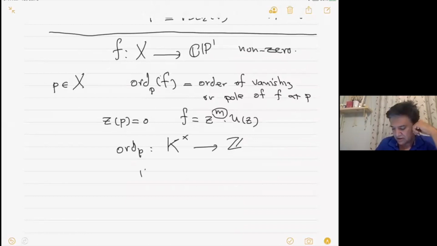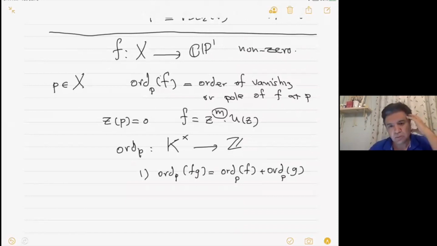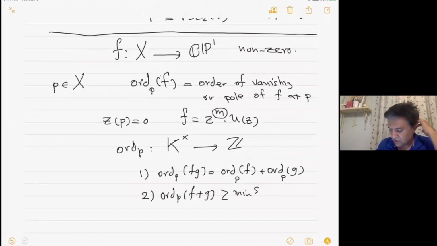Property one is that the order of fg at P is the order of f at P plus the order of g at P. In other words, this function is a homomorphism from the multiplicative group of meromorphic functions to the additive group of Z. The second property is that the order at P of f plus g is bigger than or equal to the minimum of the order at P of f and the order at P of g.